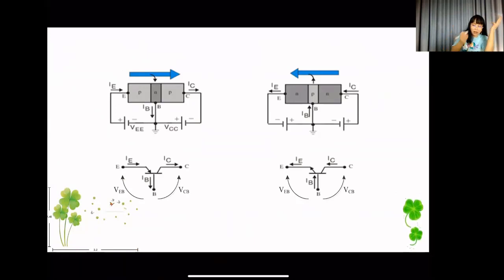Very easy. What is a configuration? This is the position of the transistor in the circuit.